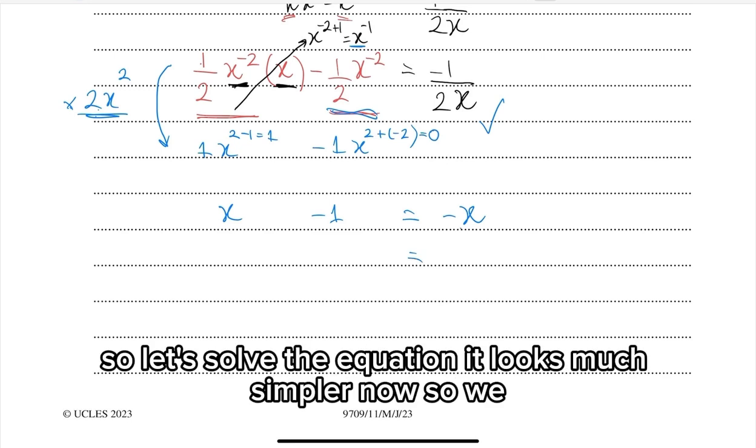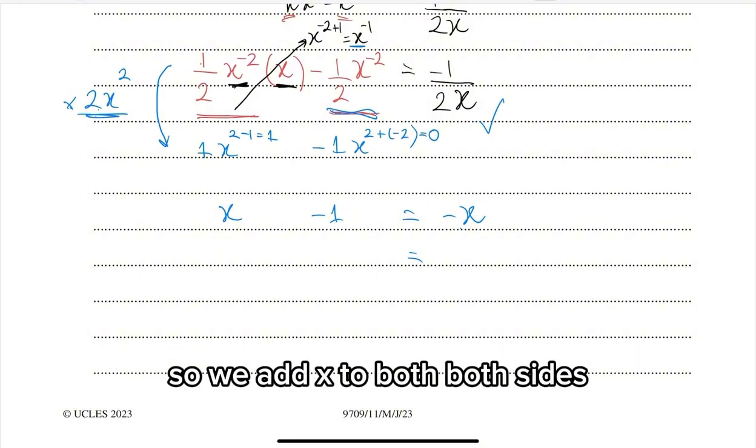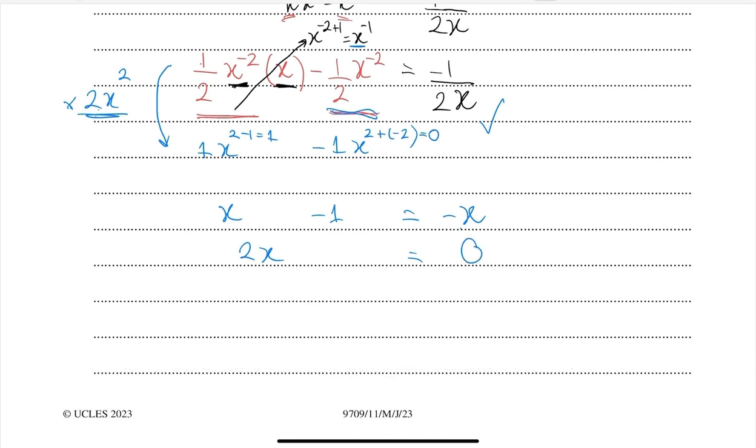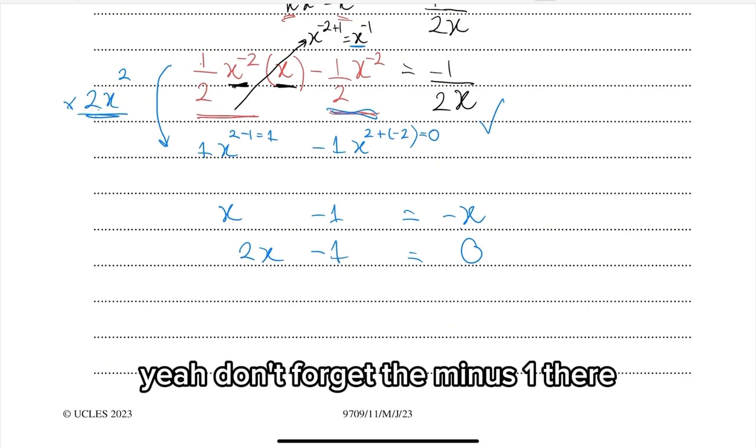So let's solve the equation. It looks much simpler now. We add x to both sides. Now this side will have 2x, and this one will be left with 0. Don't forget the minus 1 there.